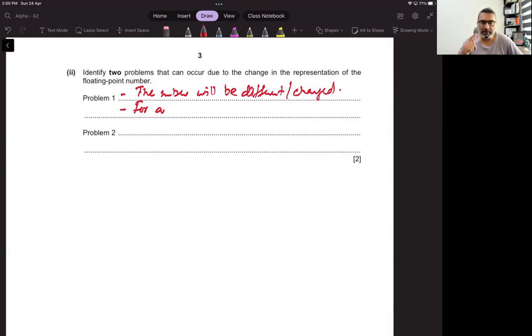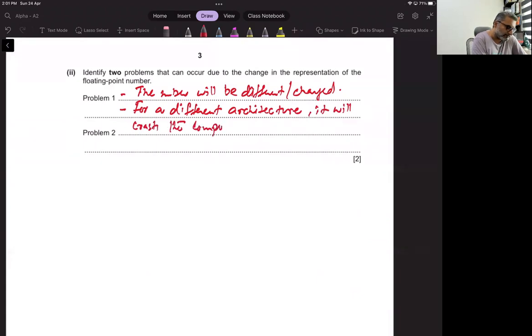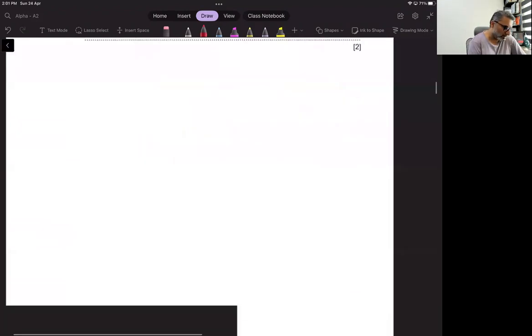So we would have to follow the same rule. So if we change it ourselves, for a different architecture, it might crash the computer. Okay. And that's it. I think we don't have to write anything else.